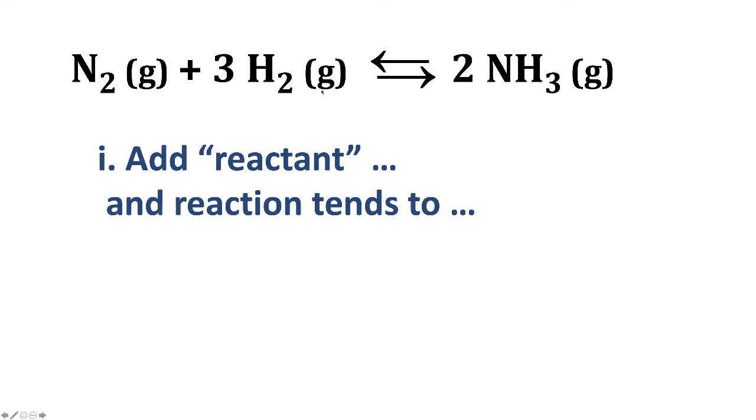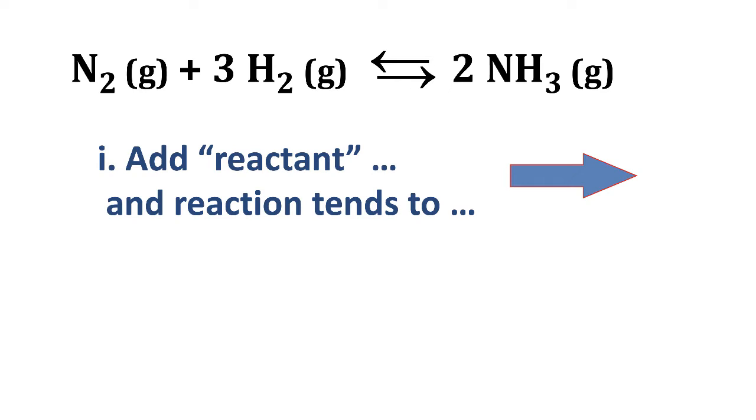So if the stress is adding N2 and H2, the system wants to reduce the added N2 or H2, and by reacting to the right, that uses up some of the added N2 or H2.